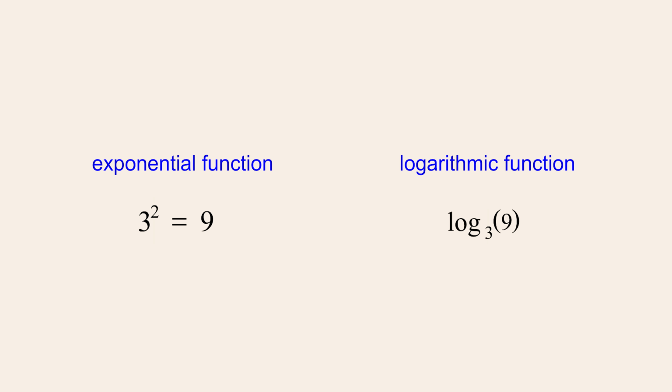So the value that must be determined for this function is the exponent that 3 must have to produce a result of 9. Since 3 squared is 9, the exponent of 3 must be 2. We say the value of log base 3 of 9 is 2.